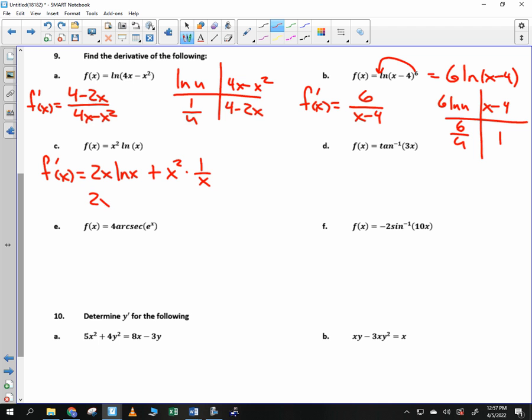So I have 2x natural log of x plus x. They won't write the answer like that in some situations. If they didn't write it like that, how would they write it? x times the quantity 2 natural log of x plus 1. So either way, be ready to do that.